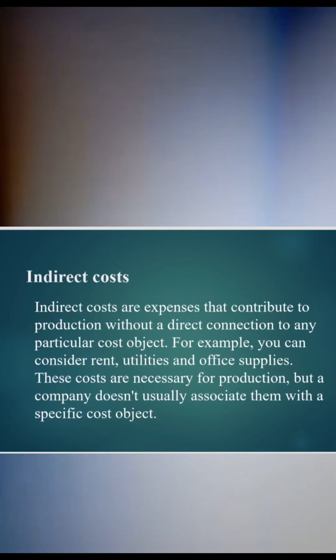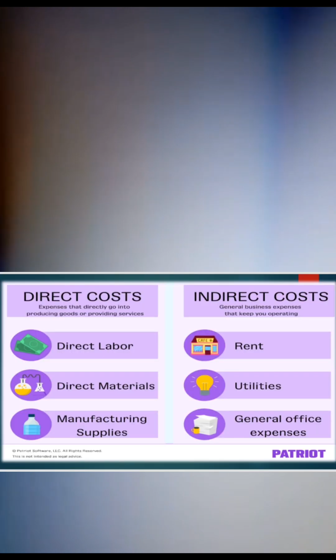Indirect costs are expenses that contribute to production without a direct connection to any particular cost object. For example, you can consider rent, utilities, and office supplies. These costs are necessary for production, but a company doesn't usually associate them with a specific cost object.